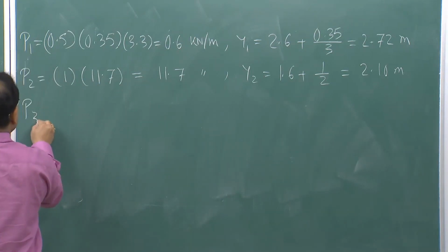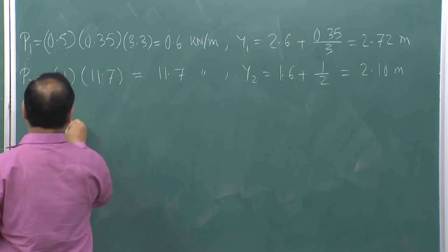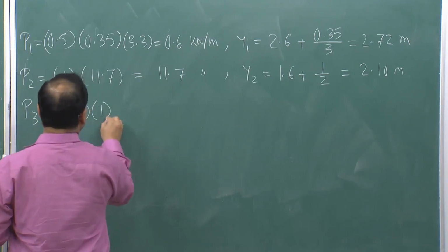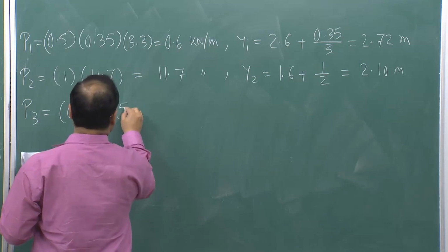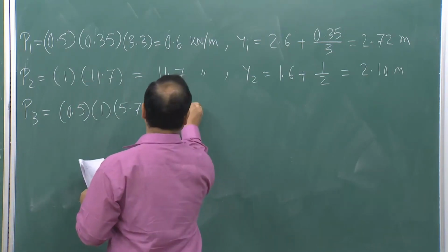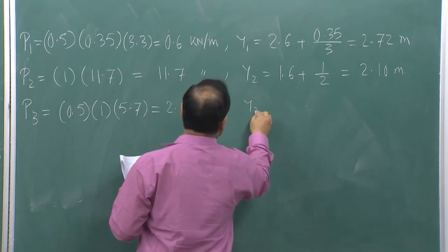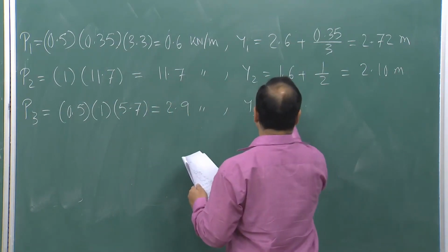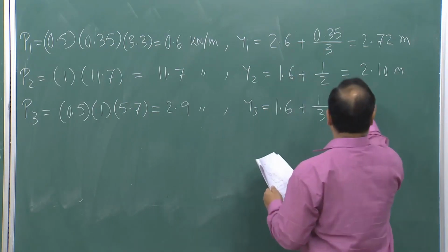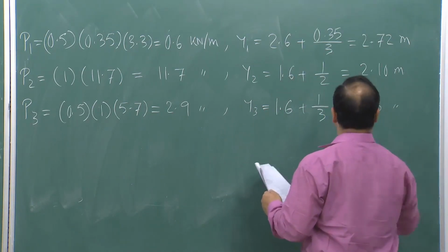Then P3 is equal to 0.5 into 1 into 5.7, which is equal to 2.9, and Y3 is equal to 1.6 plus 1 by 3, which is equal to 1.93 meter.